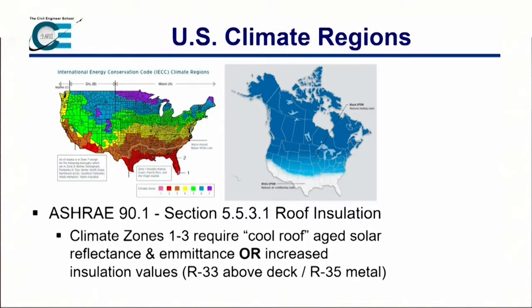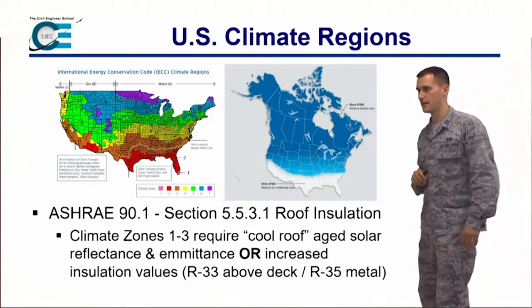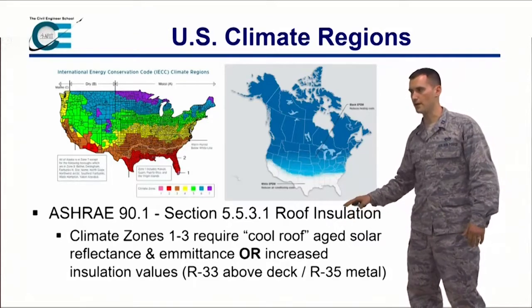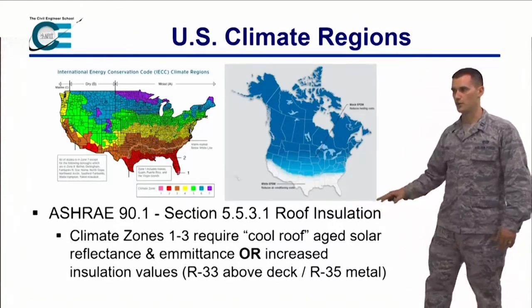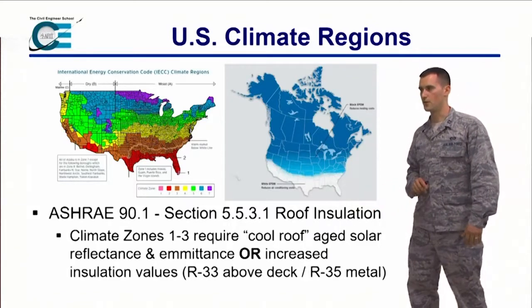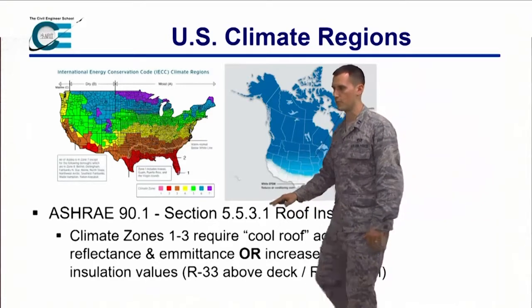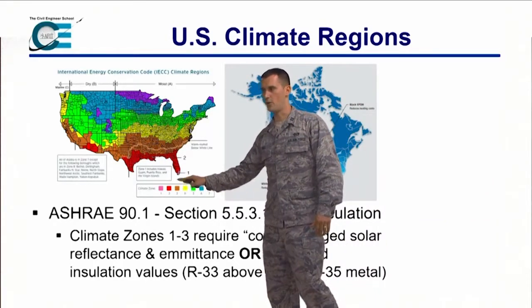And it varies by the climate region here. For instance, for climate zones 1 to 3, ASHRAE 90.1 requires a cool roof or some sort of solar reflectance. So what are climate zones 1 through 3? That's in this pink, red and orange area here.